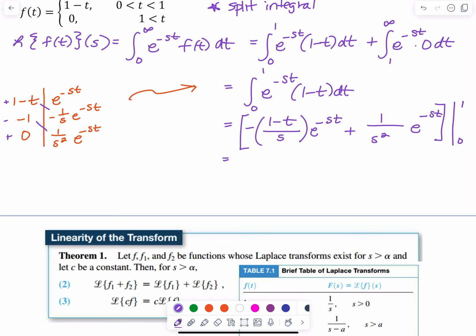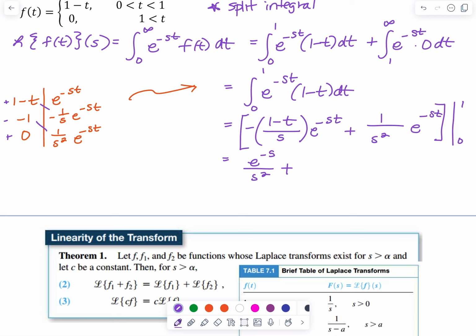Okay. And plugging in a 1, of course, we lose this term, and we would have e to the negative s over s squared minus, and then plugging in a 0, we'd have minus, a minus, and we would have 1 over s, and we'd still have our minus 1 over s squared. So I could actually fix that here real quick.